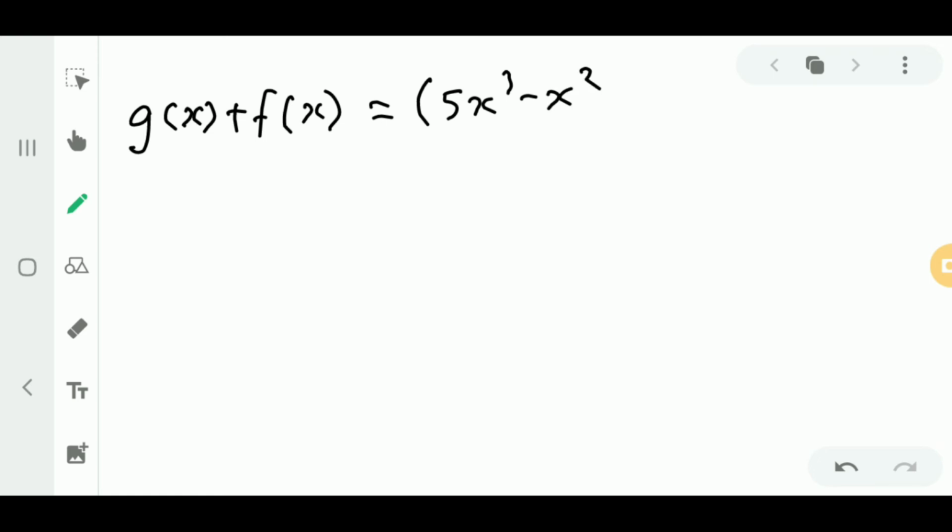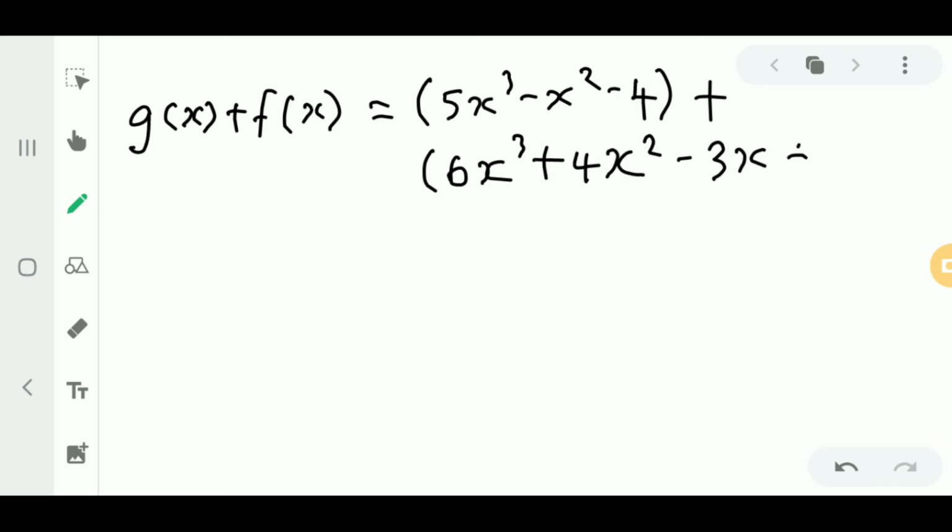So now, let's say we want to find g of x plus f of x. Because g of x comes first, we have to put g of x first. So that's 5x cubed minus x squared minus 4 plus f of x, which is 6x cubed plus 4x squared minus 3x plus 2.